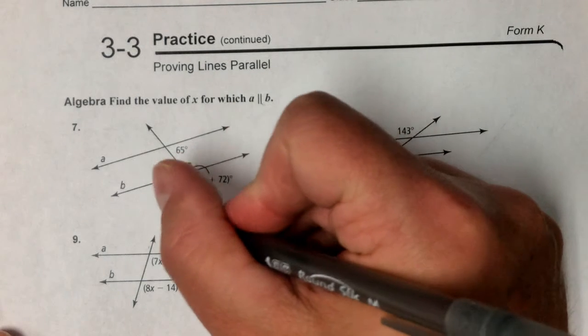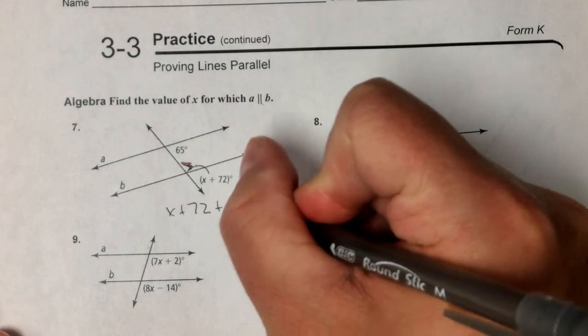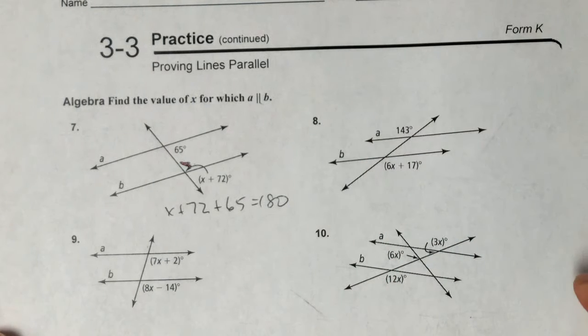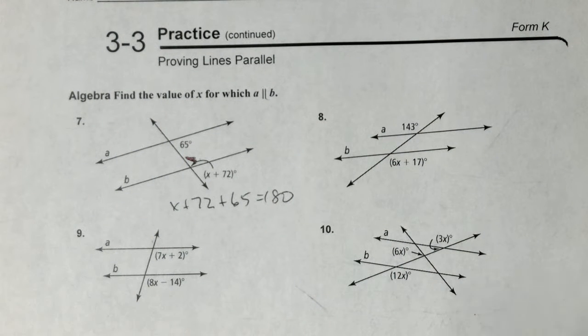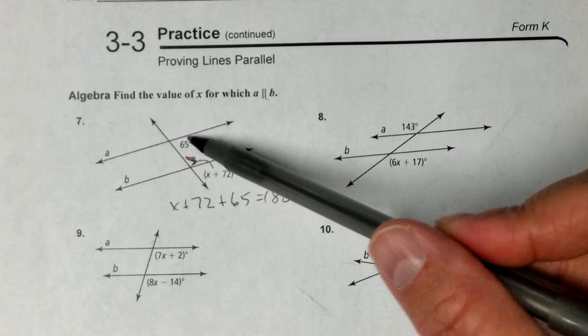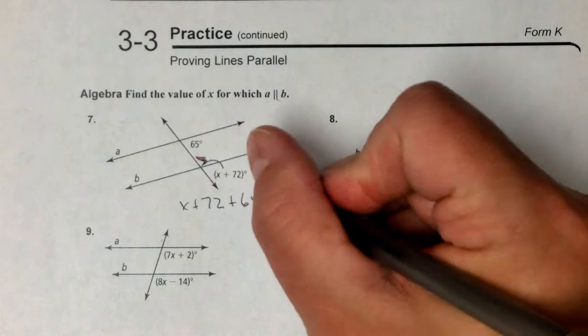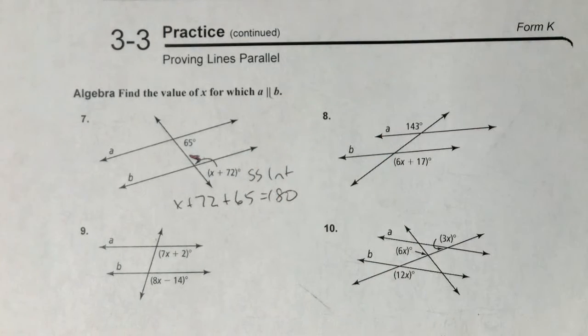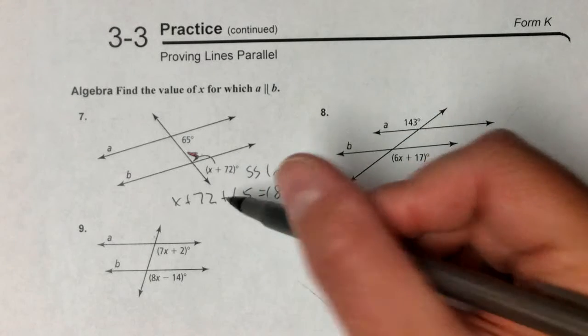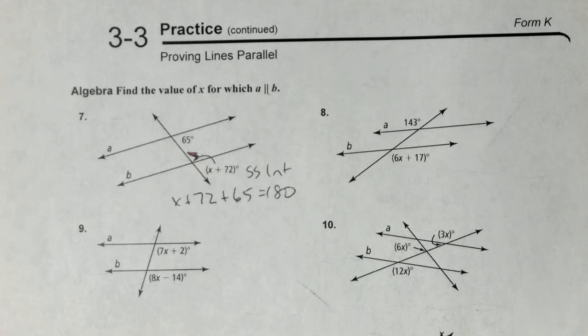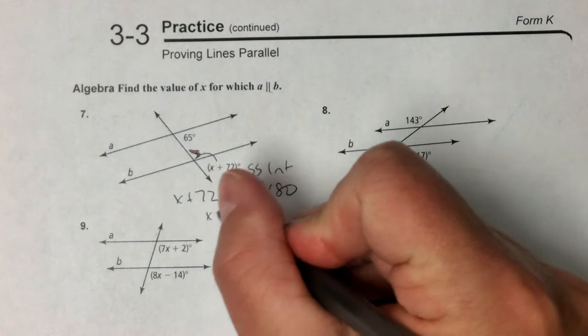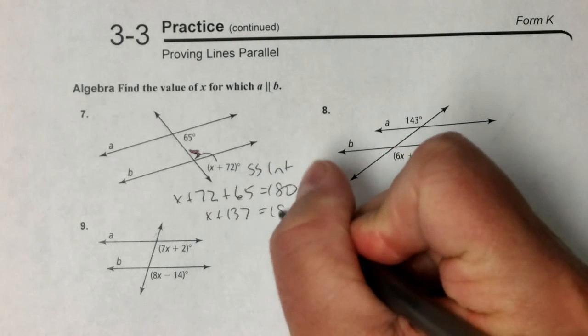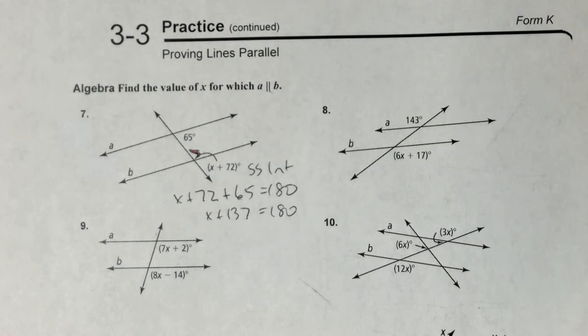So we're going to put x plus 72 plus 65 equal 180. So that's how you're going to set it up. It's going to be that angle plus 65 equal 180, and the reason is same side interior. And then from there we just need to solve. So remember to add 72 and 65 together, you get 137. And now 180 minus 137 gives you 43.